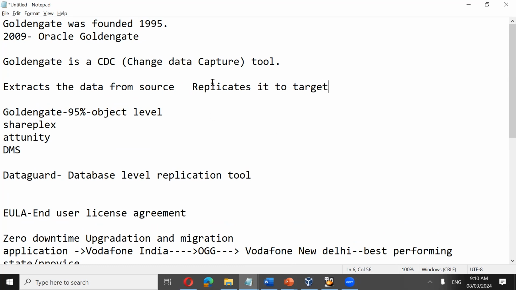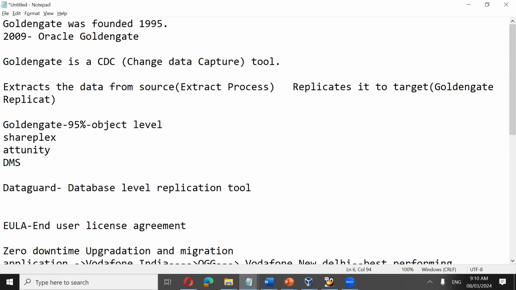Now, which process extracts the data? It's the Golden Gate extract process. Which process replicates the data? It's the Golden Gate replicat. So the extract process extracts the data from source, and the replicat process replicates it to the target database.